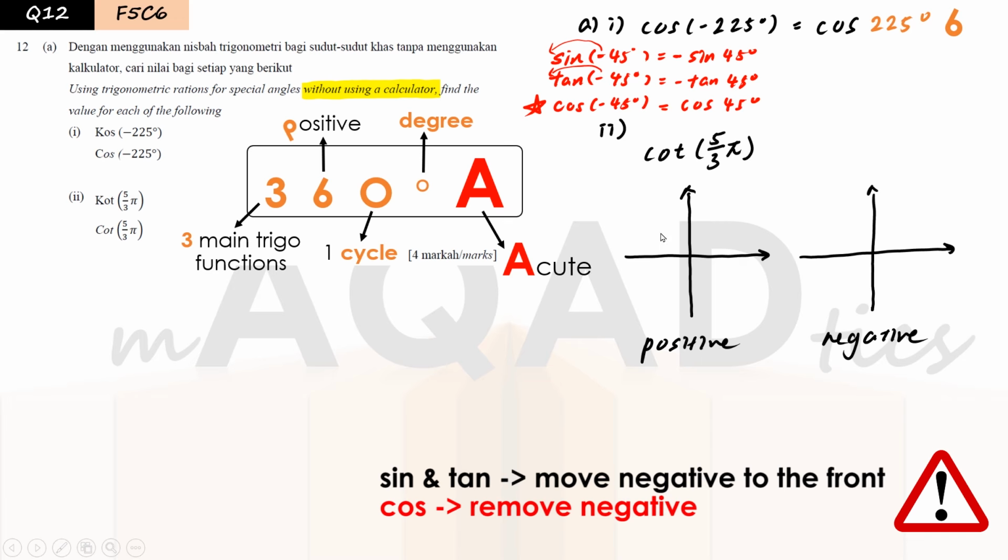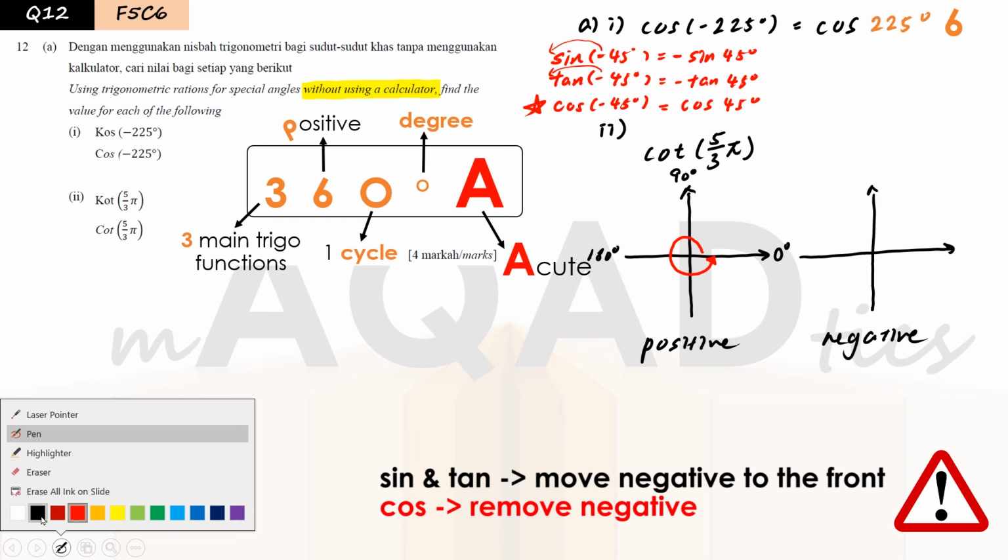For this graph, we will focus on the positive angles, and for this graph we will focus on the negative angles. For the positive graph, the angles will flow in this way. It starts with 0, followed by 90 degrees here, followed by 180 degrees here, and so on. So the flow of the angles would be something like this.